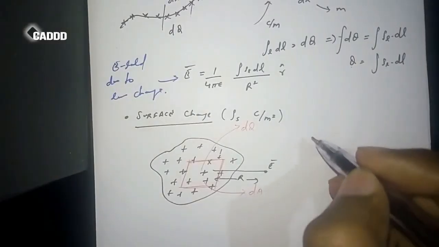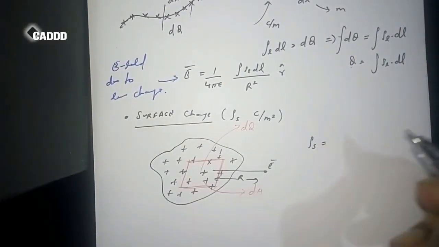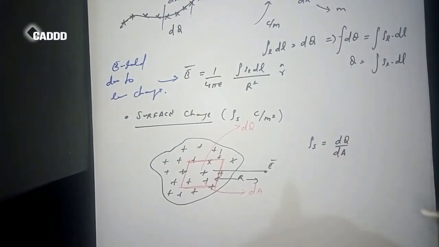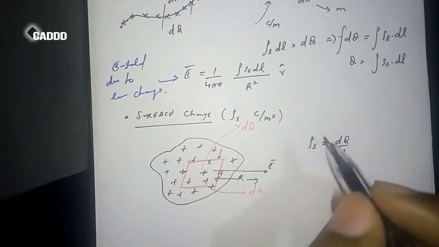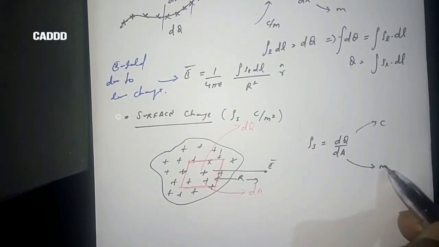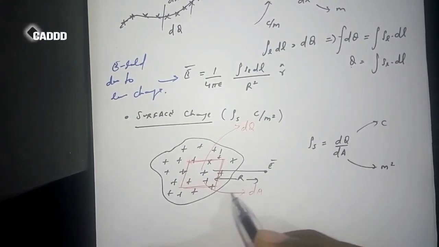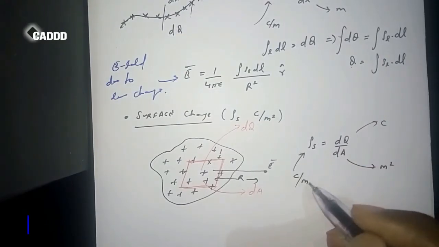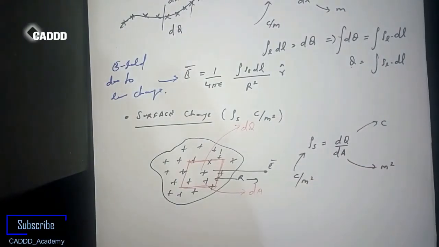Similarly as before, rho s is equal to dq by dA. Charge per unit area is the charge density. Similarly, the unit of this is coulomb, and the unit of this is meter square because this is area, so the unit will be coulombs per meter square.